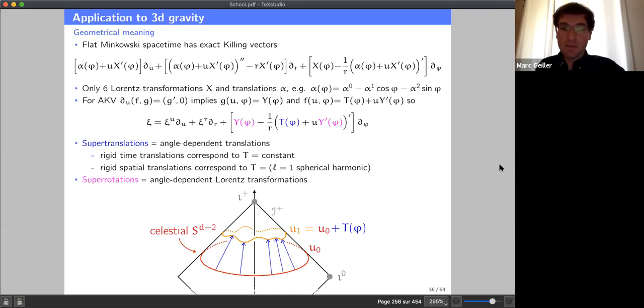So geometrically, what happens with these super translations is that they shift the u coordinate along scri plus, but they can shift the u coordinate in a manner which depends arbitrarily on the angle. So you see, we can take this celestial circle here and deform it in a manner which depends arbitrarily on the angle phi, which is very different from what happens with the 6 Poincaré isometries.